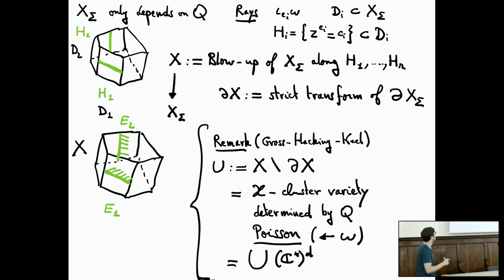So now if you run the previous story in this particular situation, the rays in the fan of our toric variety will be of this form, contraction of omega with the basis vector e_i. And the hypersurfaces H_i also only depend on the basis vector e_i. So in particular, the story only depends on the quiver, and no longer depends on a specific decomposition of gamma into gamma 1 plus through gamma r.